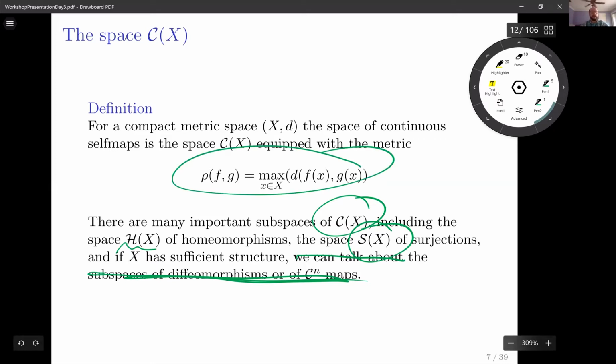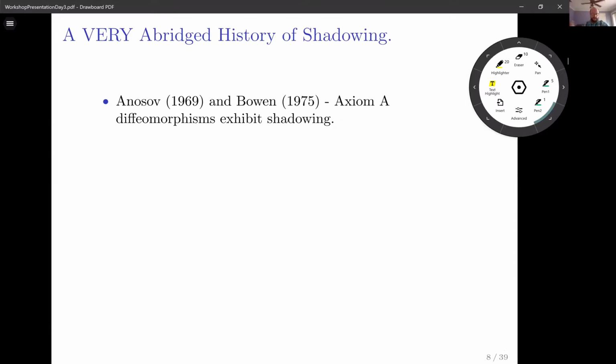All right, so a brief history of this problem, well, a brief history of shadowing, really. This study of the shadowing property really started back in the 60s and 70s with the work of Anosov and Bowen, where they were looking at various diffeomorphisms, and they had this category of diffeomorphisms called Axiom A. It was really the start of the study of shadowing, or the pseudo-orbit tracing property.